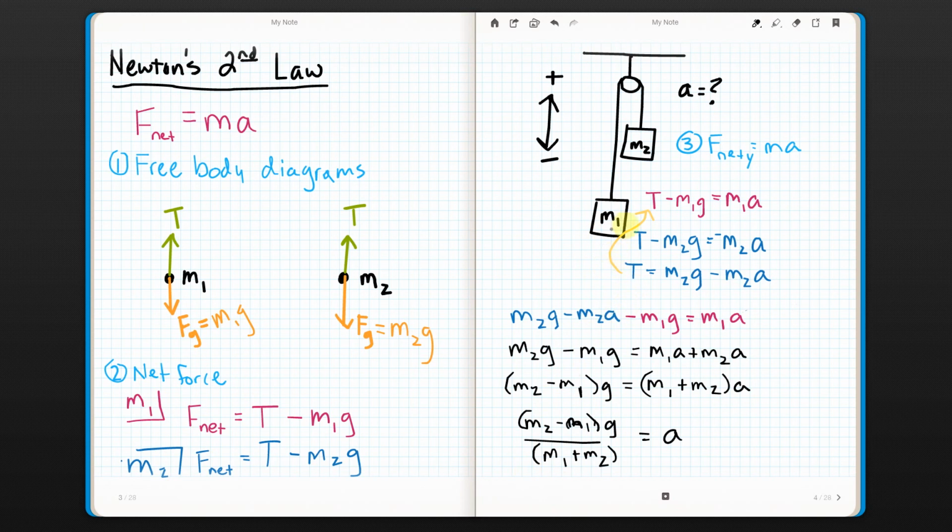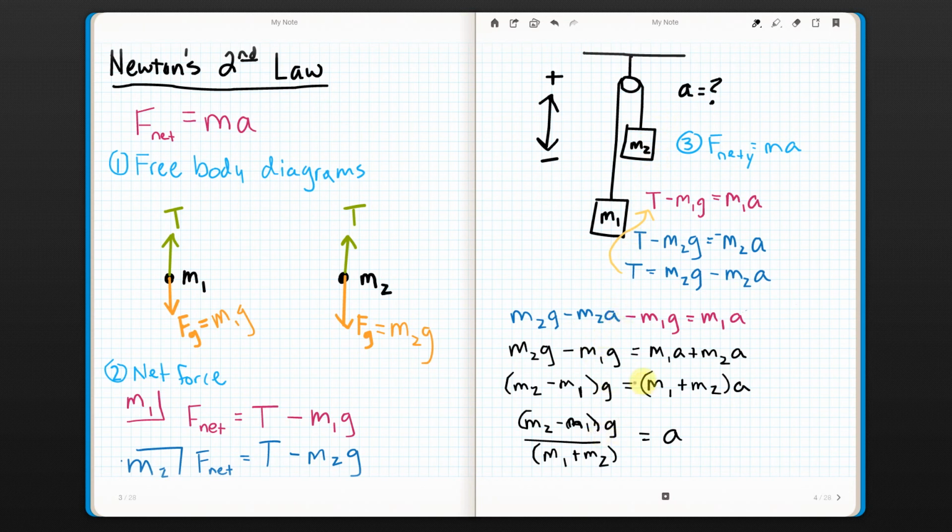If M2 is bigger than M1, I get a positive answer for this, and that means that M2 would be accelerating down and M1 would be accelerating up. And if M1 was bigger than M2, I would get a negative acceleration, so it would accelerate the other way. That is, M1 would accelerate down, and M2 would accelerate up.